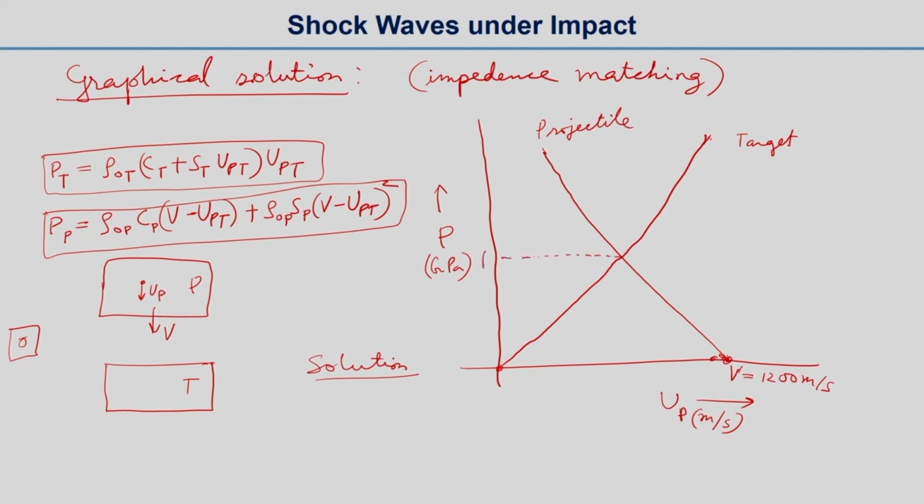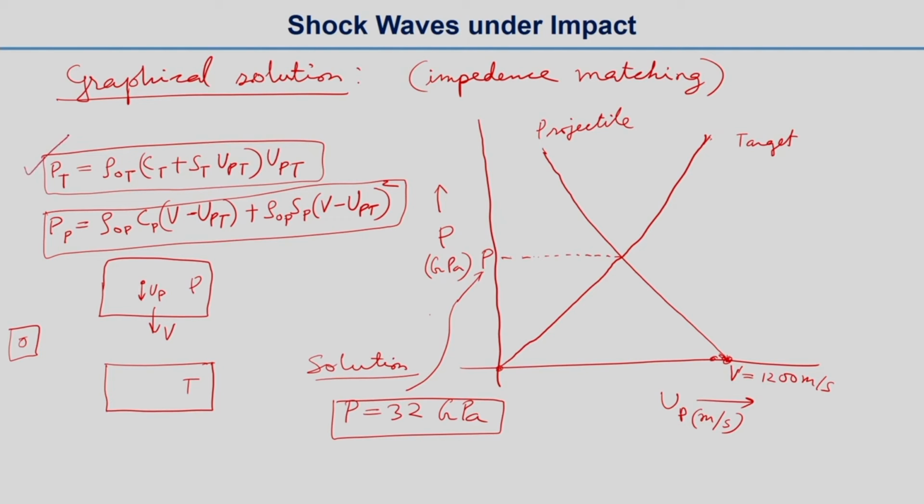If we plot it accurately, what we will get is close to 32 gigapascal. So, this point will be the solution: P will be around 32 gigapascal, which is what we got in the earlier analytical solution. What we did here is plot these two equations.